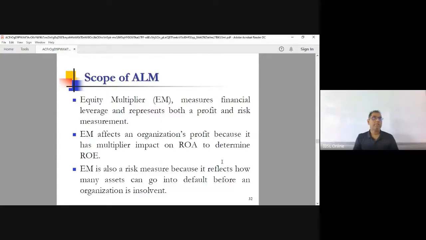But if your equity is, say, 10 million and you've lent out assets of 100 million, that means a good portion of your assets is being funded not by shareholders. It's being funded by other means. So it basically shows that you have leverage beyond what your equity capital is, and therefore you have a high equity multiplier.